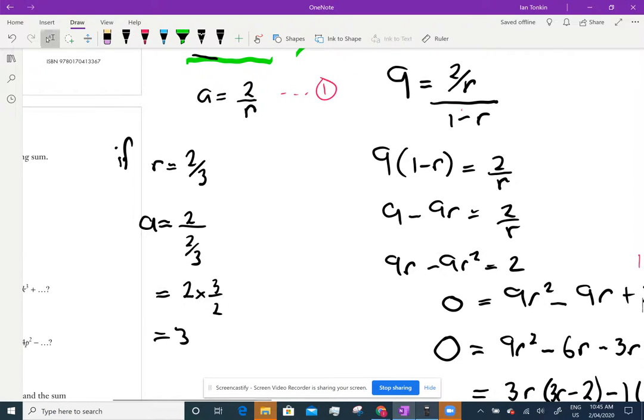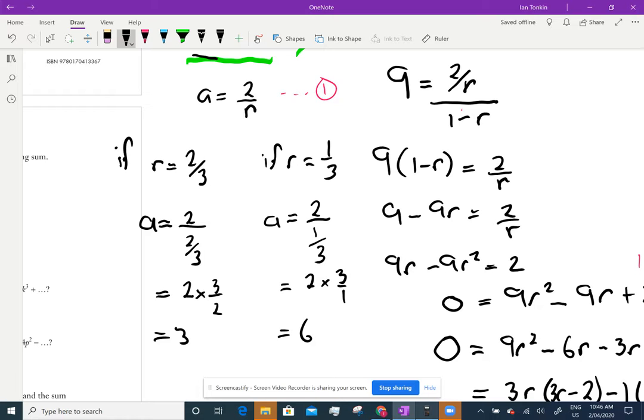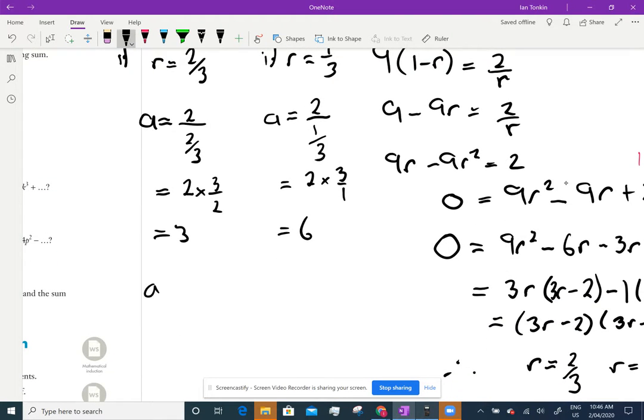If R equals 1/3, A equals 2 over 1 over 3. 2 times 3 over 1 is 6. So I have two possibilities. I have A equals 3, R equals 2/3, or A equals 6, R equals 1/3. Two possible answers.